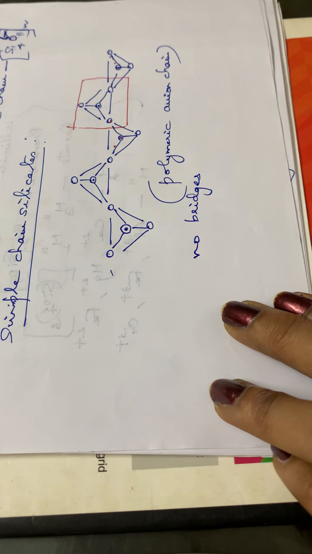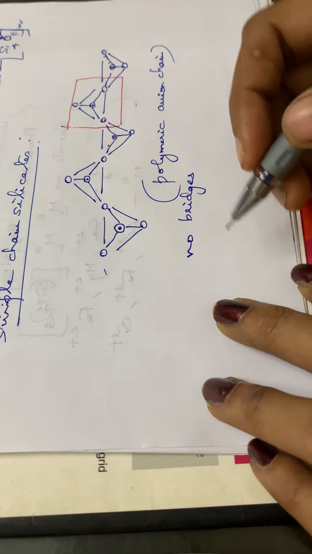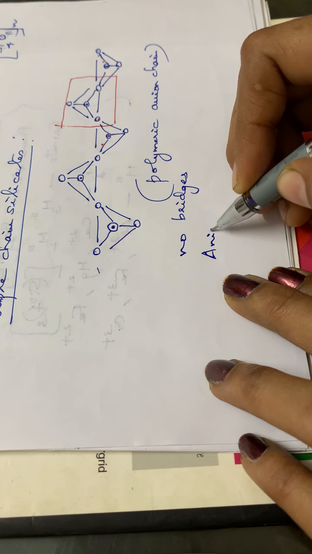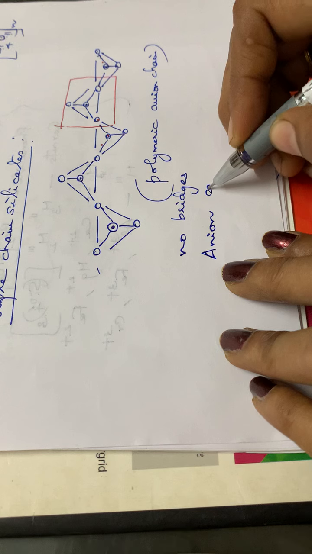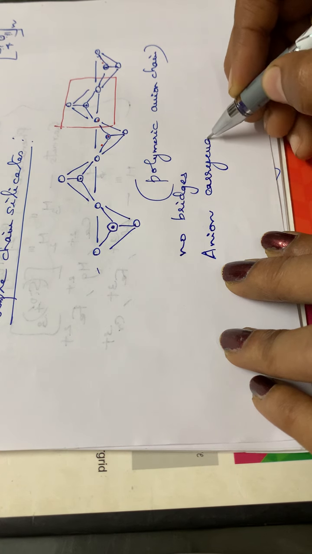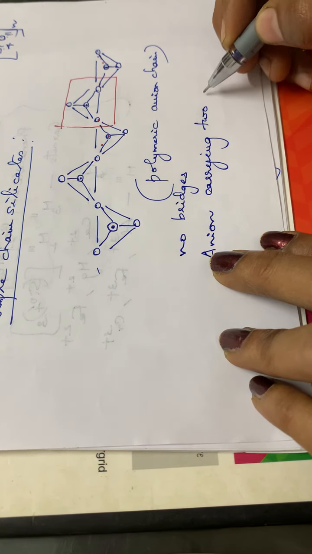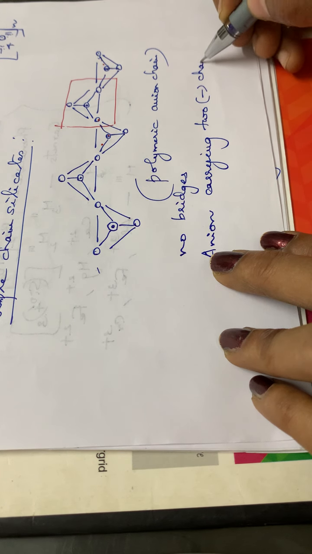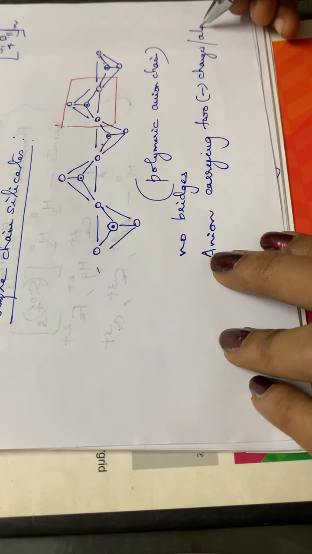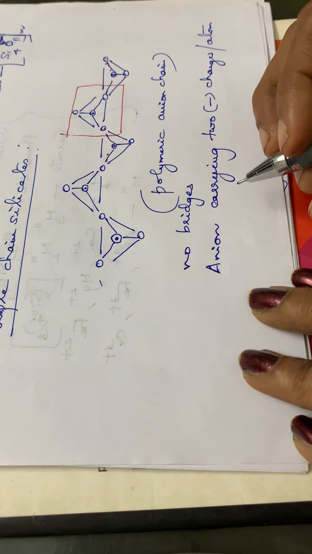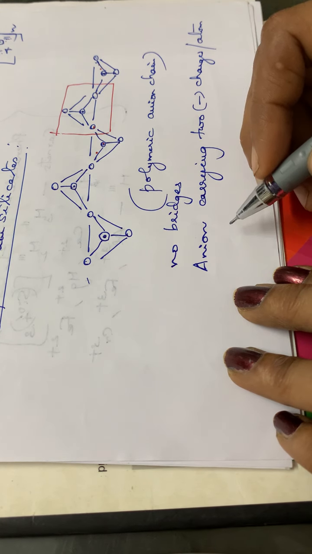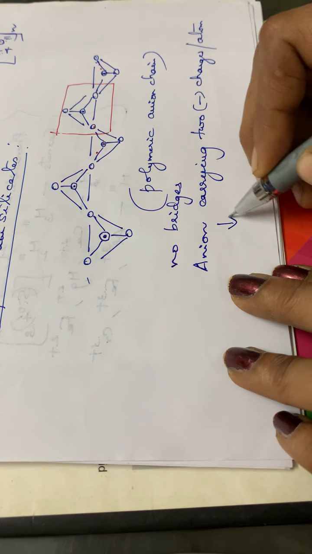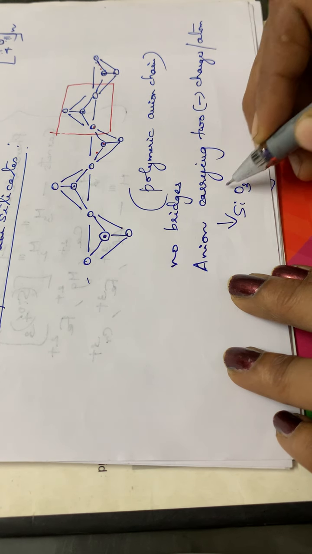If the structure is an anion carrying two negative charges per silicon atom, then this type of chain silicate will be in the form of (SiO3)n 2 minus.